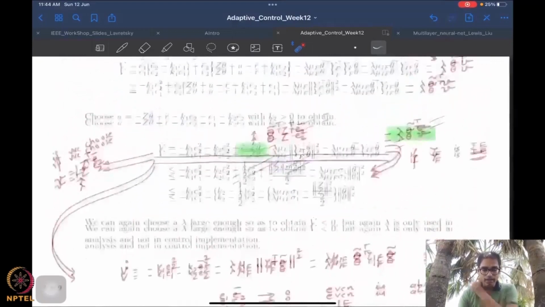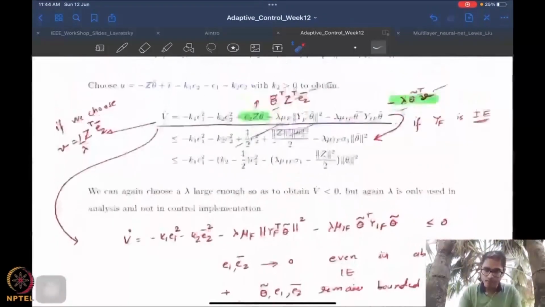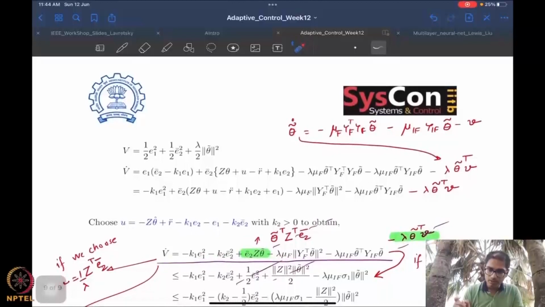So if I make a small change, my adaptive law, as you can see, becomes this, right?